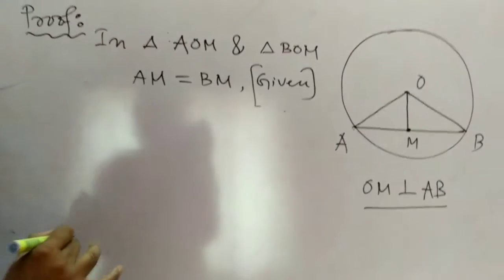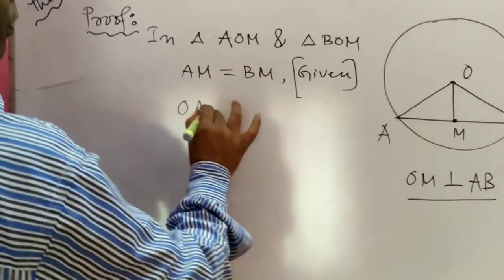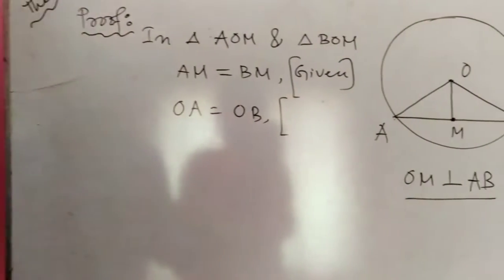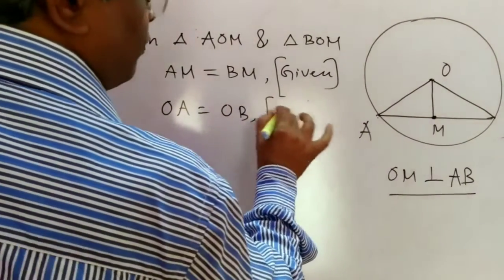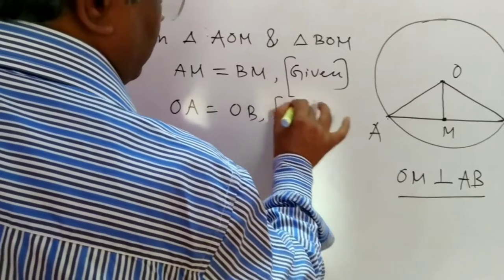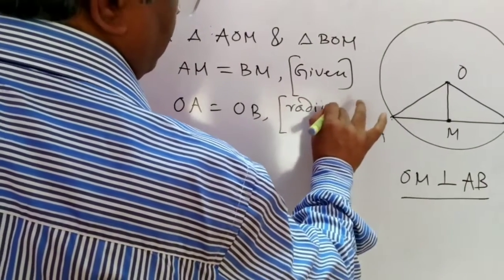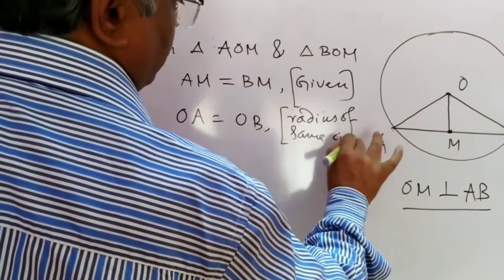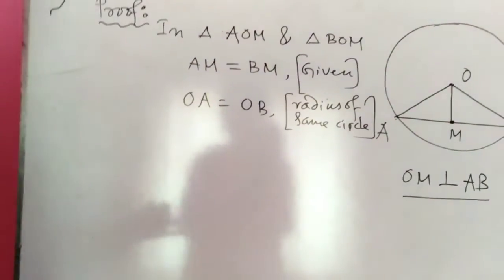Given. OA equals OB, radius of the same circle.